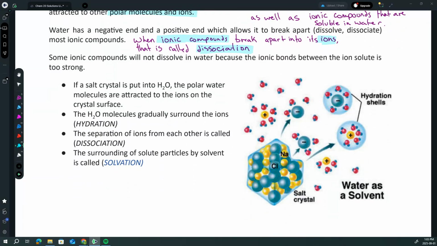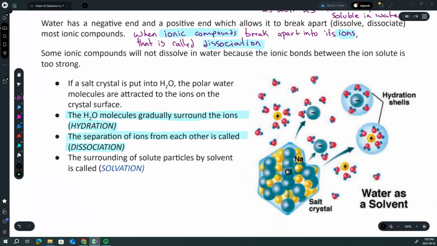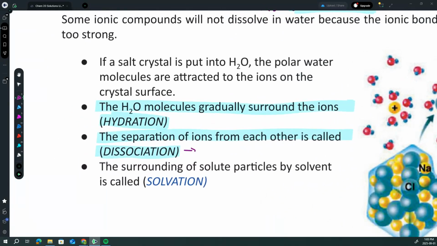When those water molecules surround the ions, that's a part of dissolving called hydration. And when the ions break apart, that is called dissociation. So remember that this is specifically for ionic compounds.